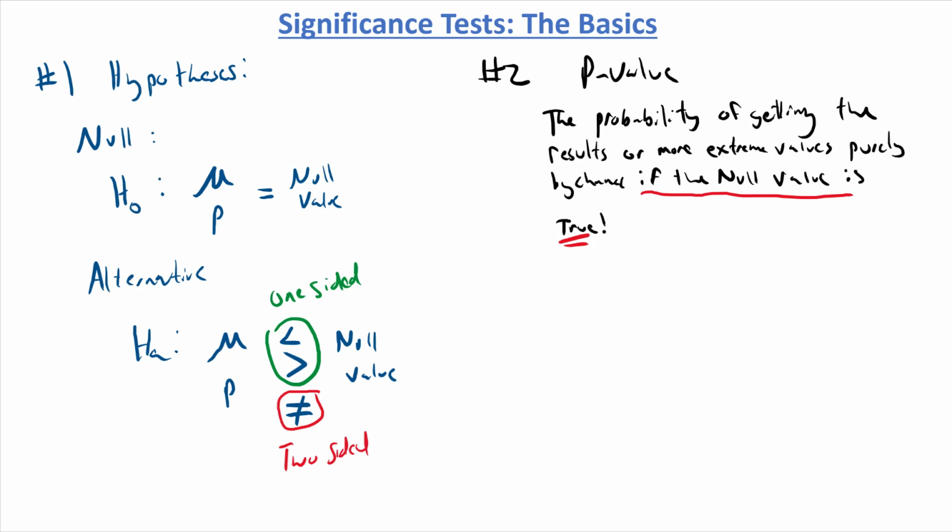Alright? So now the last thing we're going to talk about is actually our conclusions. Kind of just jumping over a few things here, but we're going to talk about our conclusions, okay? So in our conclusions, we're going to have a simple statement of either we do or do not have convincing evidence against the null.